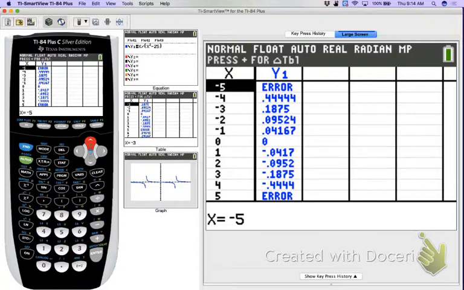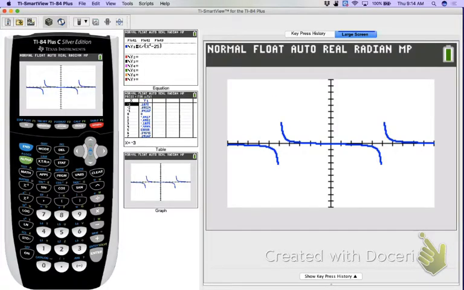In terms of our graph and what we're going to talk about here in just a second, well, we'll just go ahead and talk about it now. Basically, you have what's called vertical asymptotes.